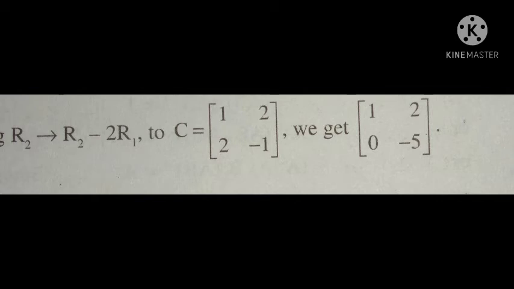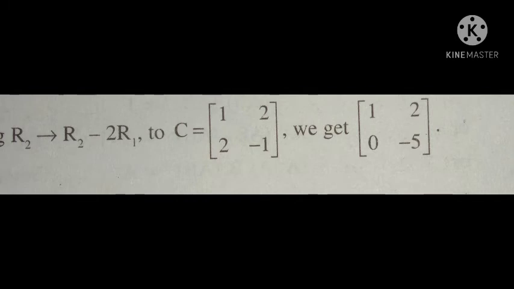Look at the 2R1. 2R1 means I am going to multiply the first row by a scalar 2. So what is the resulting row? 2 into 1 is 2, 2 into 2 is 4. The resulting row is 2, 4. Now I am going to subtract: R2 minus 2R1. That is, from the second row, we want to subtract 2R1.